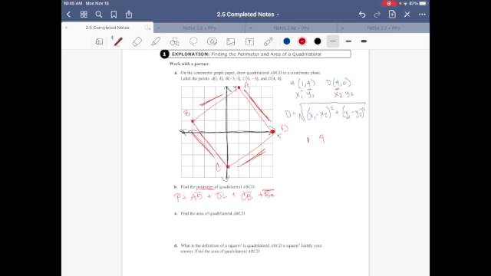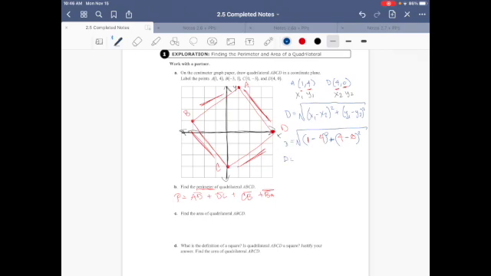And our y1 is 4. And our y2 is 0. So we're going to subtract those, take them to the second power, add them together, and take the square root.